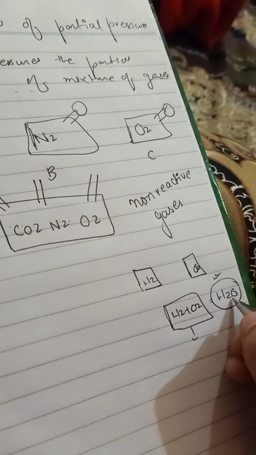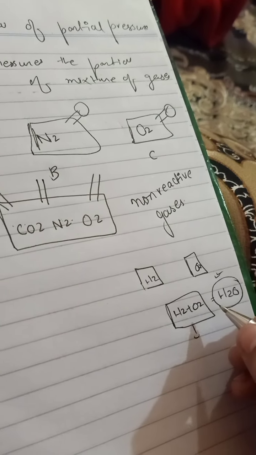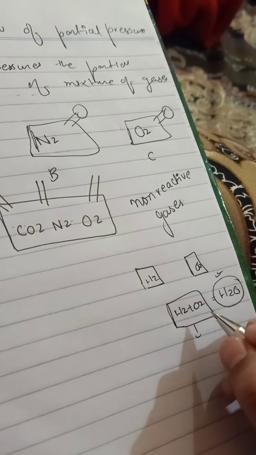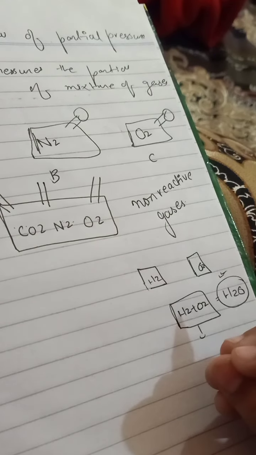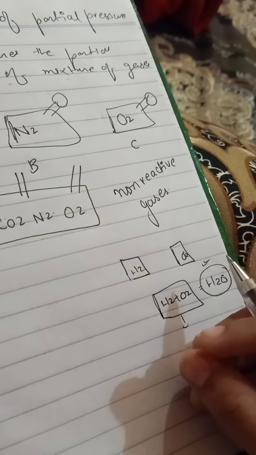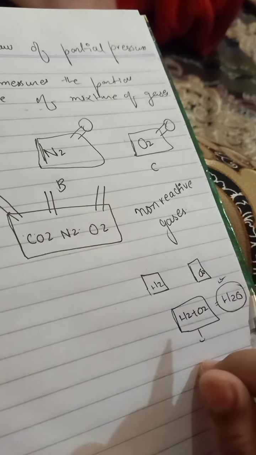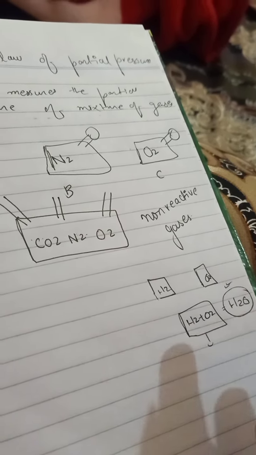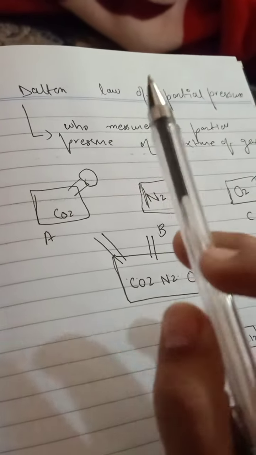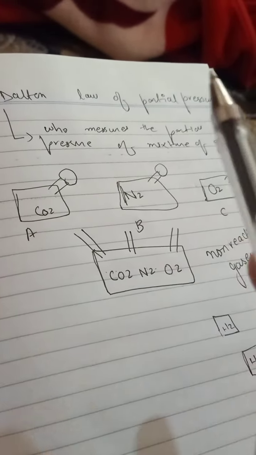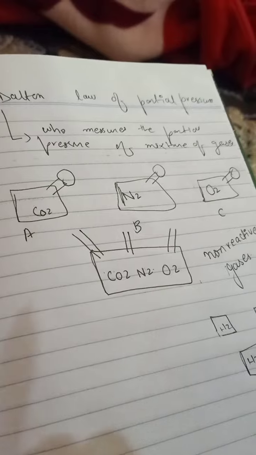So they are reacting and a product is being made, and liquid will appear. These are reactive gases, which react with each other and make a product. But his law acts upon non-reactive gases.